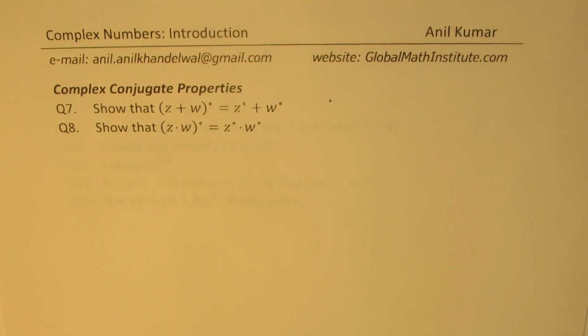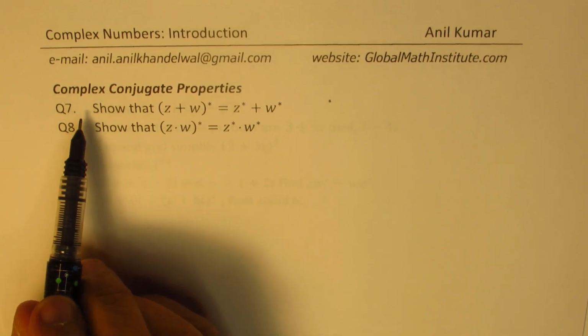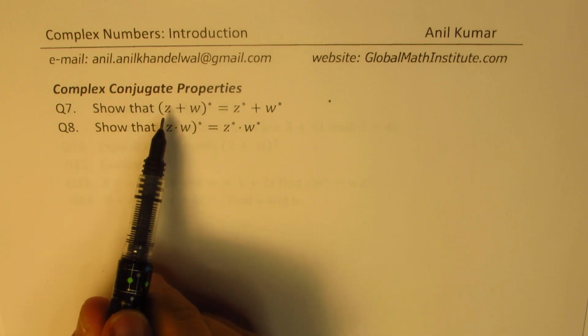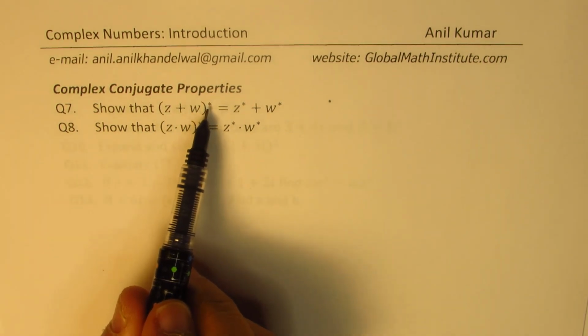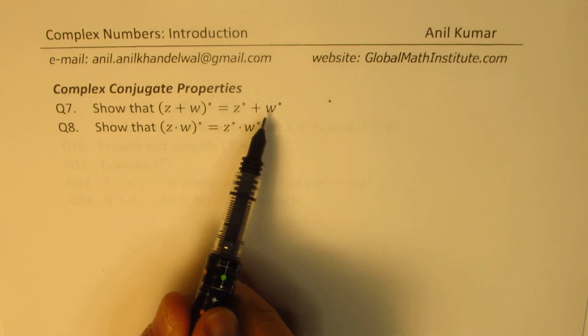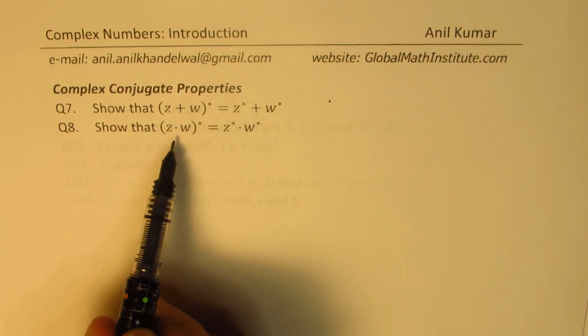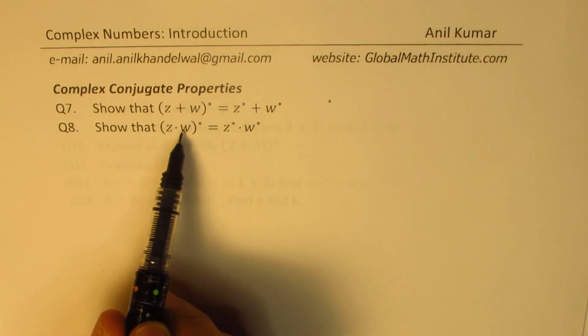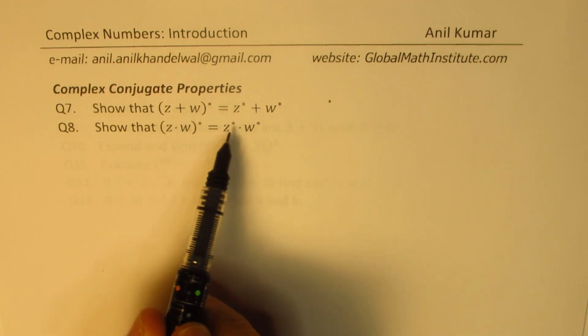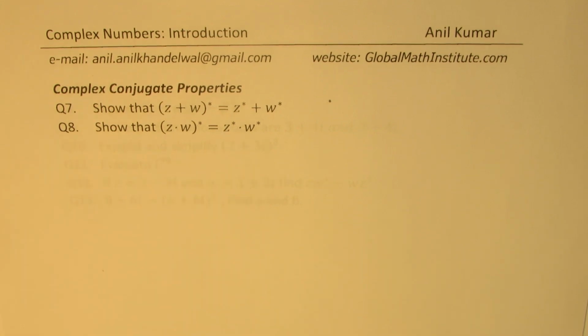Now let us explore some properties of complex numbers and their conjugates. The question here is to show that the conjugate of the sum of two complex numbers is the sum of the conjugates, and that the conjugate of the product of two complex numbers is the product of the two conjugates.